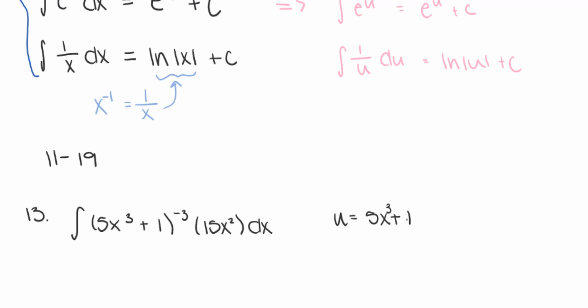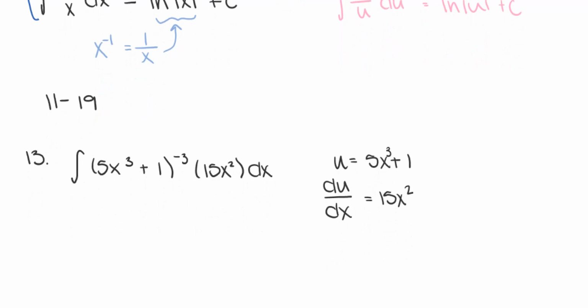The next step is we need to deal with this integration piece. To do that, we take the derivative of our u expression. So we get 15x squared.